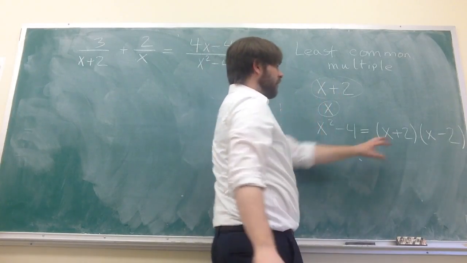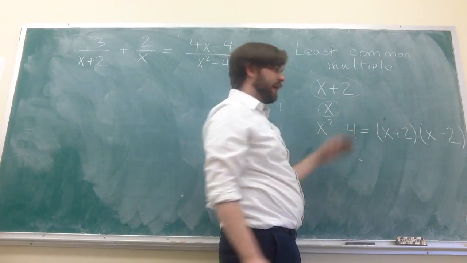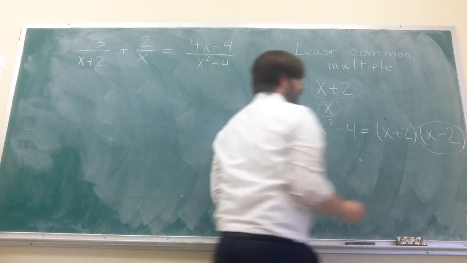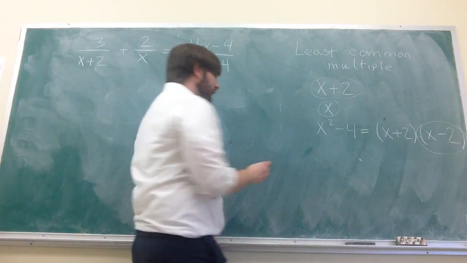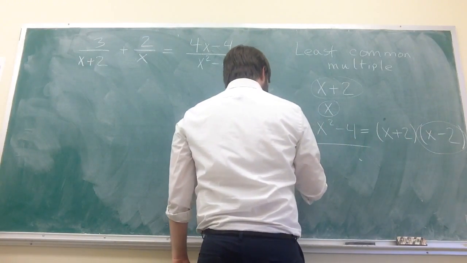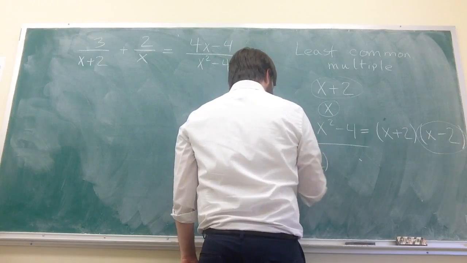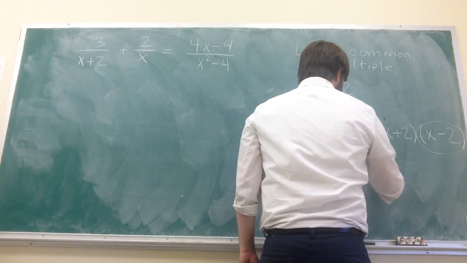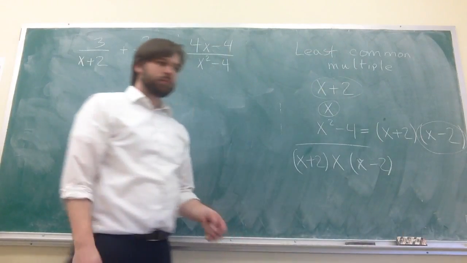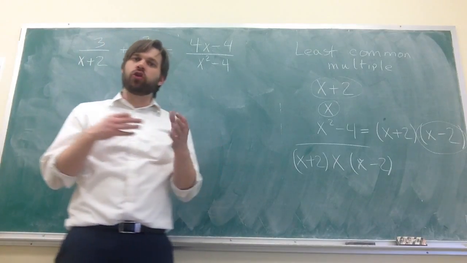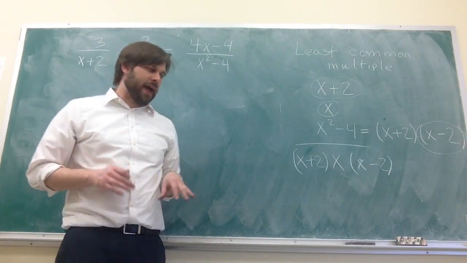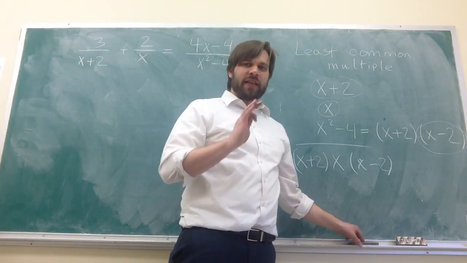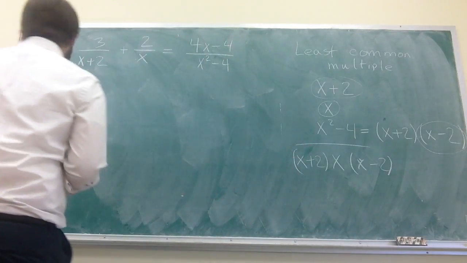We're going to take x. We've already taken our x plus 2 from up there, so we will also take this x minus 2. And so our least common divisor that we would have is x times x plus 2 times x minus 2. And I'm going to leave it written that way. We could FOIL it out, but we're going to leave it that way because it's going to make the cancellation we're going to have to do a little bit nicer in a second.